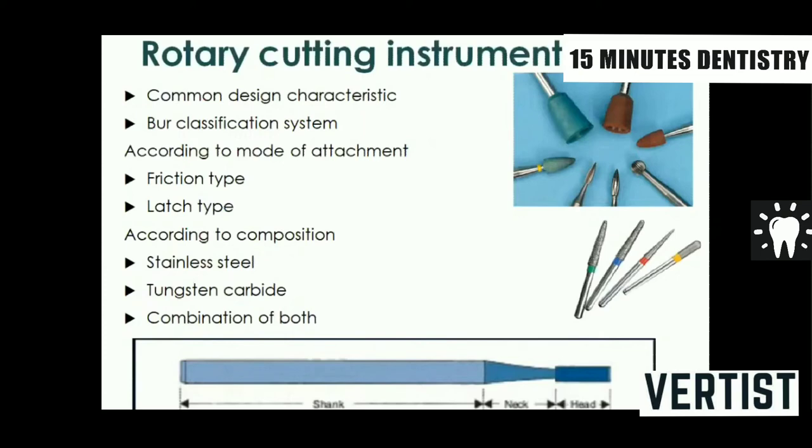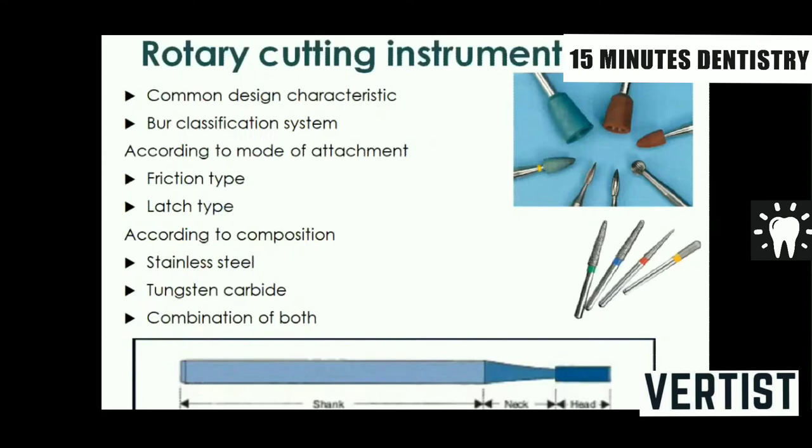Those were classified by the material they are made of, whether stainless steel, carbon steel, or tungsten carbide. Since they had blades, they were termed burrs. Then there are abrasives. All diamonds are abrasives because their mechanism of action is different. So there is a classification of burrs.